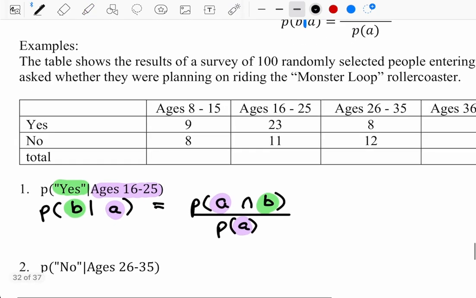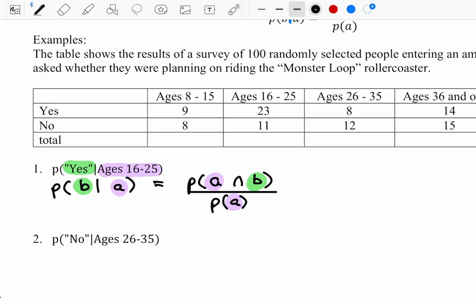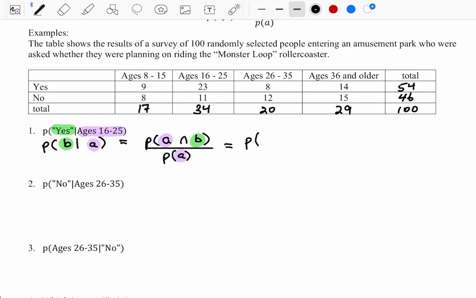So this is really becoming the probability of ages 16 to 25 and yes, divided by the probability of ages 16 to 25.